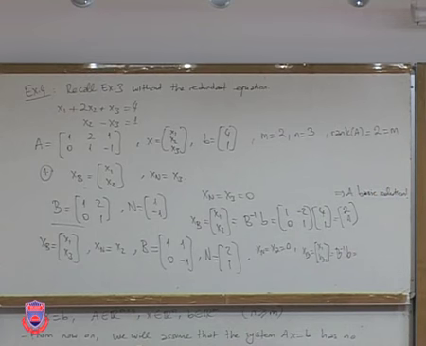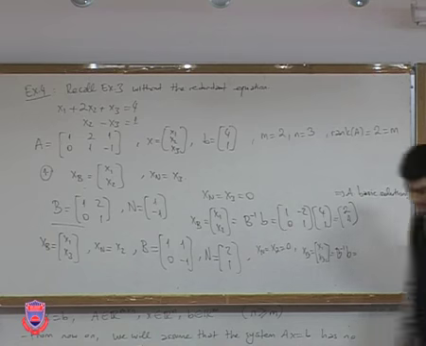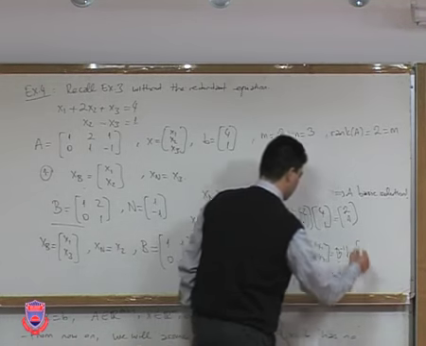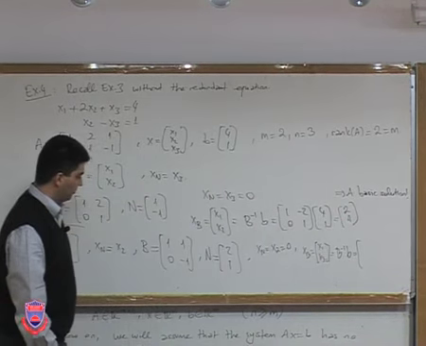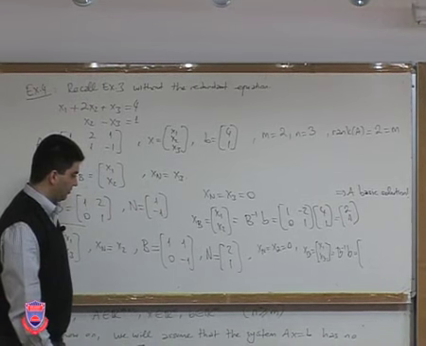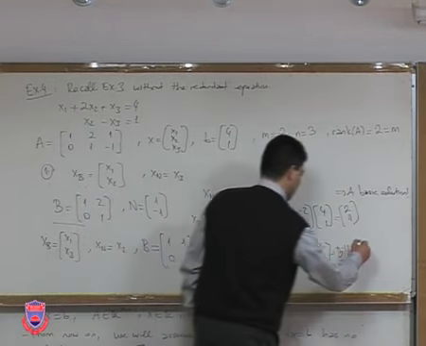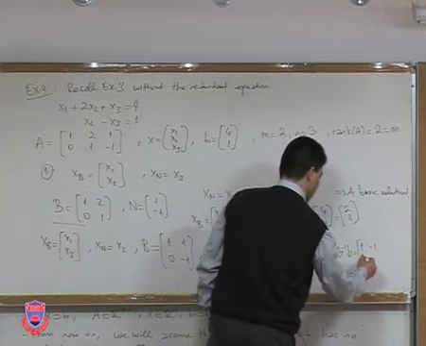Now, what is B inverse in this case? So 1, minus 1, 0 and minus 1, right?